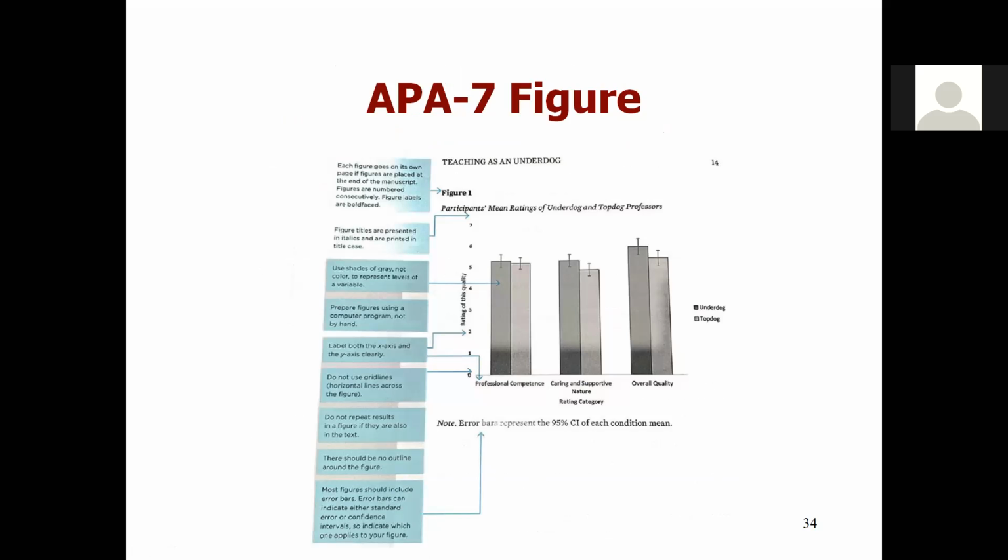It's almost always the case that the figure is better than the table. The only difference is when you have lots and lots of numbers, then it's much easier to have a table than a figure. Now, this particular figure is an illustration of APA style required of figures.